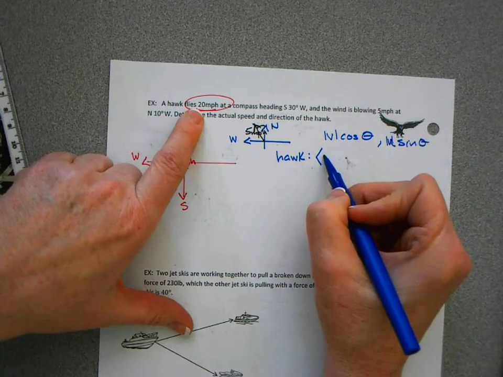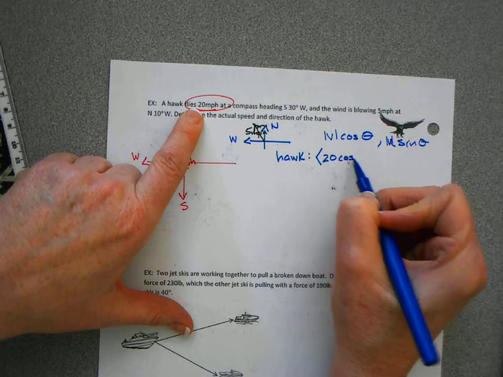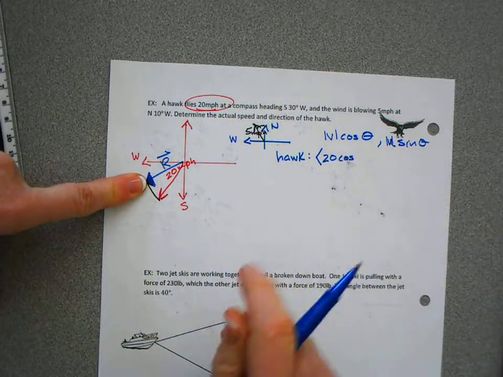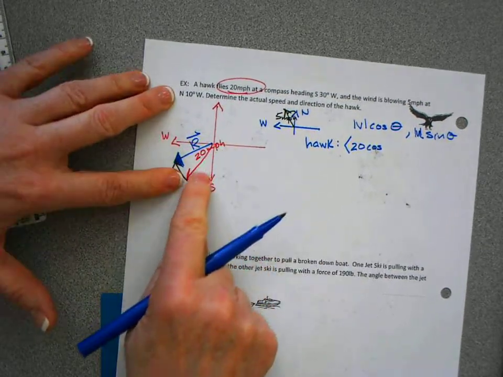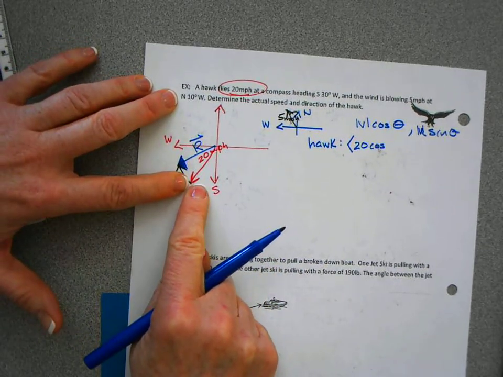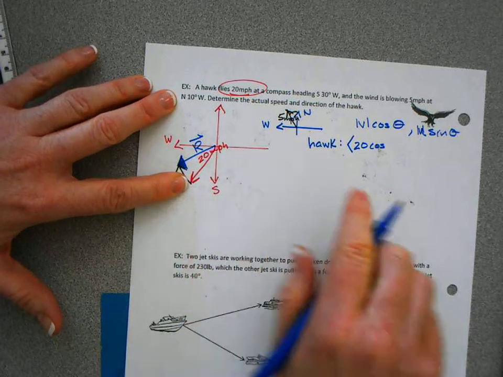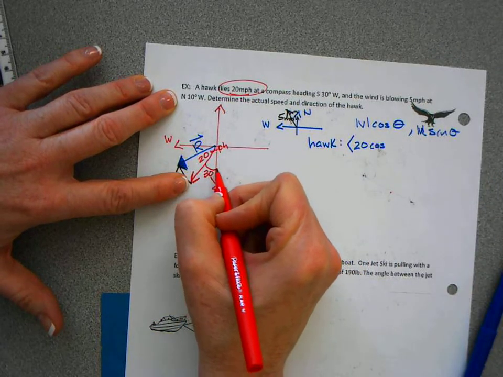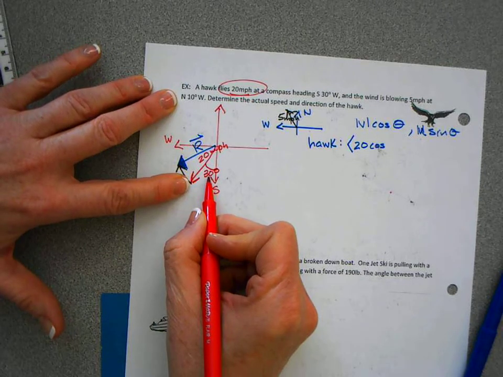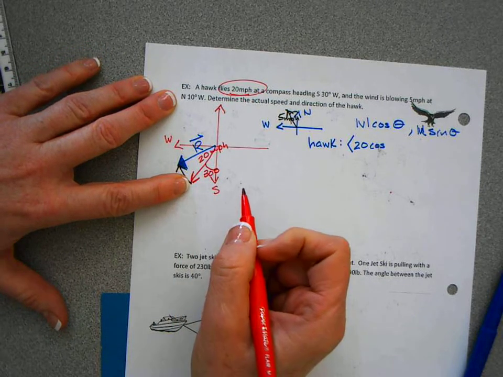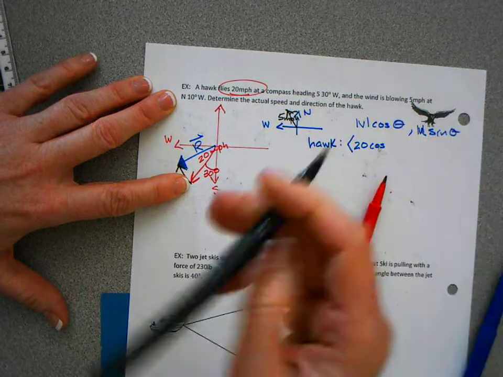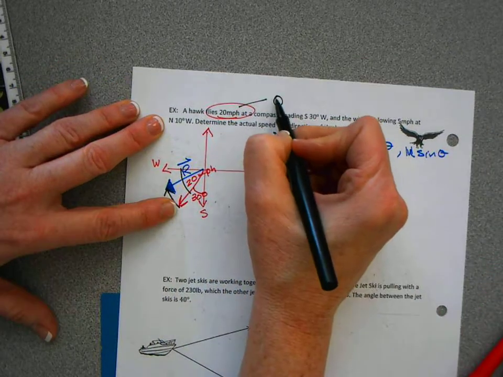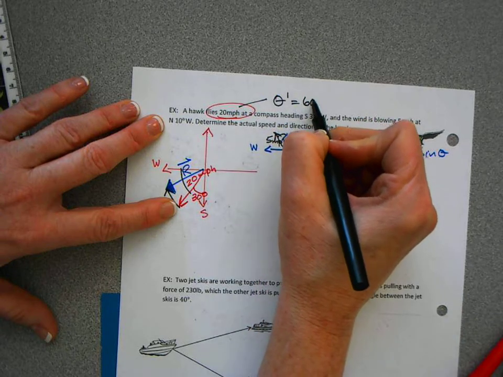The x component of the hawk is 20 cosine, what was theta? We're looking here, oops, we didn't figure out theta. The hawk in red, and we said that this value right here was 30 degrees. That is not theta or theta prime. So let's figure out what theta prime is, the amount from the axis. Theta prime equals 60 degrees.